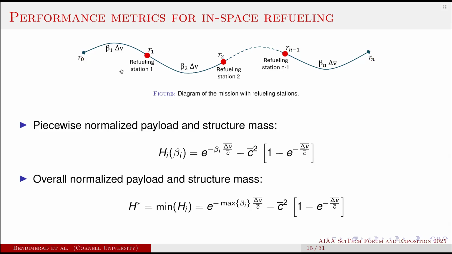Because the same payload mass has to be transported from R0 to Rn. So the minimum payload mass is the overall payload of the mission. And this is achieved for the maximum value of beta, which means that the overall normalized payload mass of the entire mission is constrained and defined by the longest segment of the mission. This is because the longest segment is the one that consumes the most propellant.